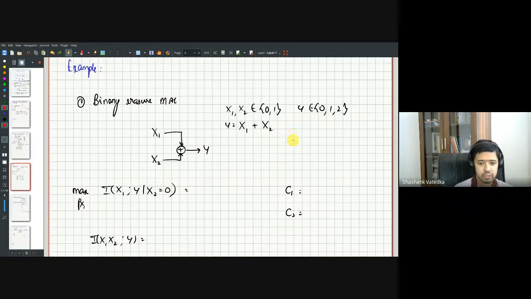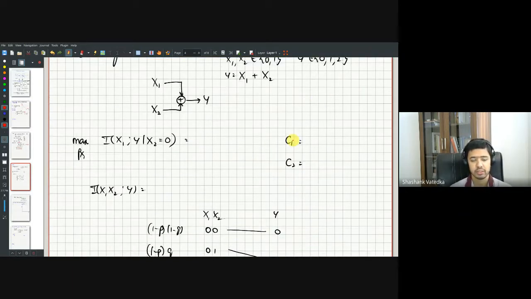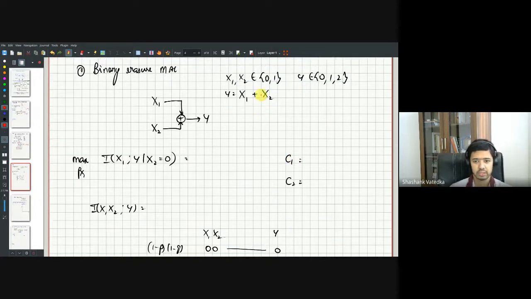Okay. So in this case, what is C1 equal to? What is the max? So suppose that x2 is equal to 0. Right? And then what is the maximum of the mutual information between x1 and y?